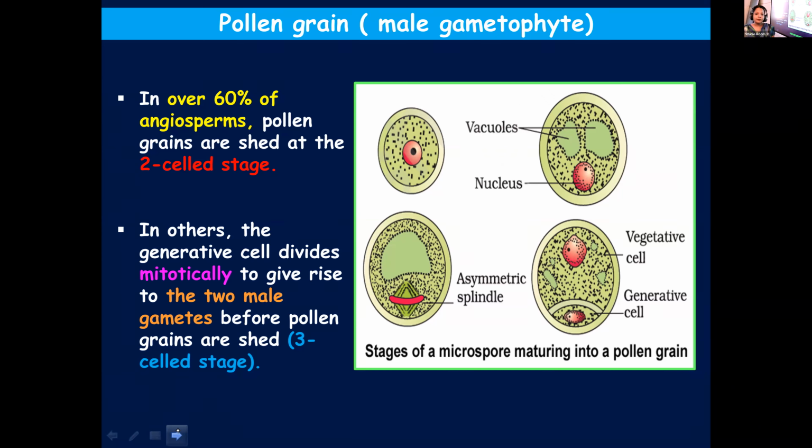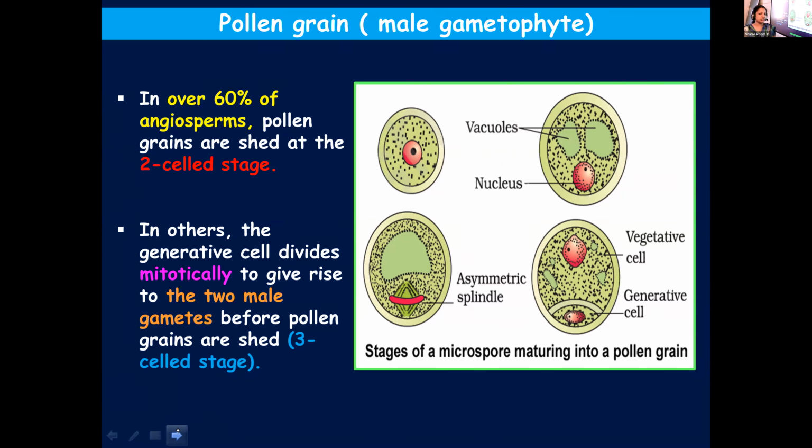Vegetative cell plus two male gametes. The generative cell changes into two male gametes, and each male gamete is a single cell, a unicellular structure. So two male gametes plus one vegetative cell make the three-celled stage. All these are important. Application level questions can be asked.